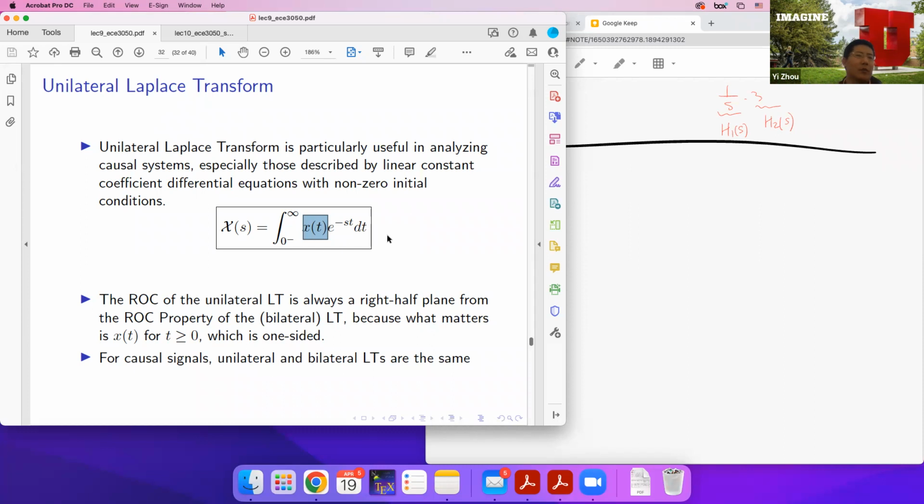So by this property, such a unilateral Laplace transform will be particularly useful in analyzing causal systems, because for causal systems, h(t) only takes values in the positive time domain. In that sense, we just need to consider the unilateral Laplace transform instead of the bilateral Laplace transform.